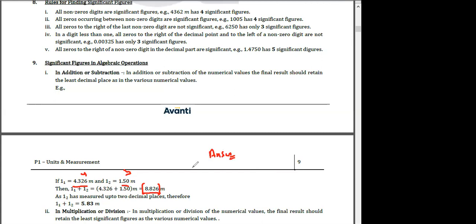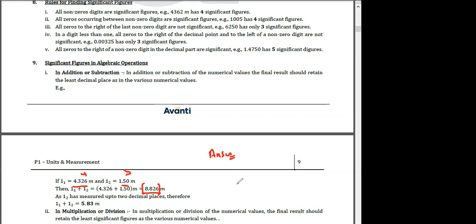Answer should be in, tell me, three significant digits. So I have to convert 8.826 in three significant digits. How to do that? By rounding off, right? By rounding off. So we know that we have to round off which place?